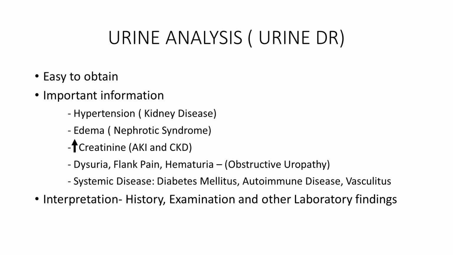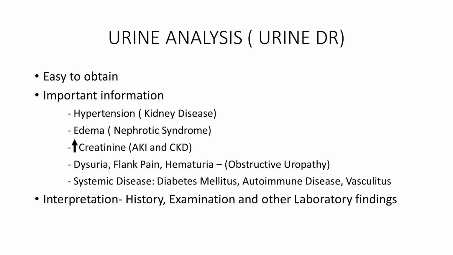Now, before proceeding with urine analysis, which is commonly called urine DR, DR stands for detailed report. It is a very easy and very commonly used test, but interpretation requires some knowledge. It gives you important information regarding kidney diseases like hypertension, edematous patients having nephrotic syndrome with proteinuria, raised creatinine in patients with acute kidney injury and chronic kidney disease, or dysuria, flank pain, and hematuria, which indicate obstructive uropathy.